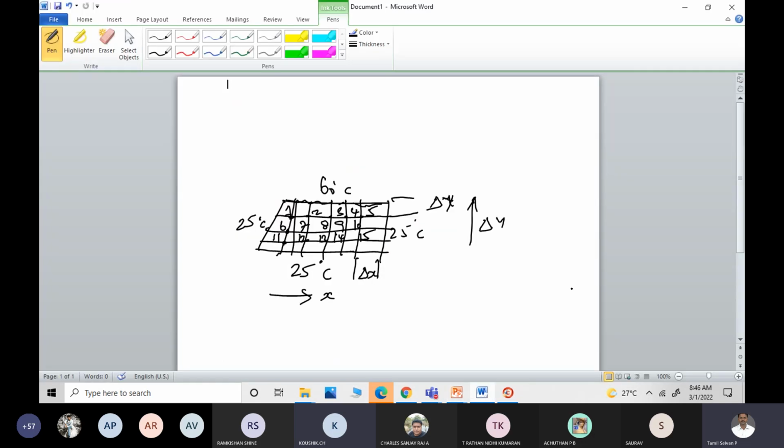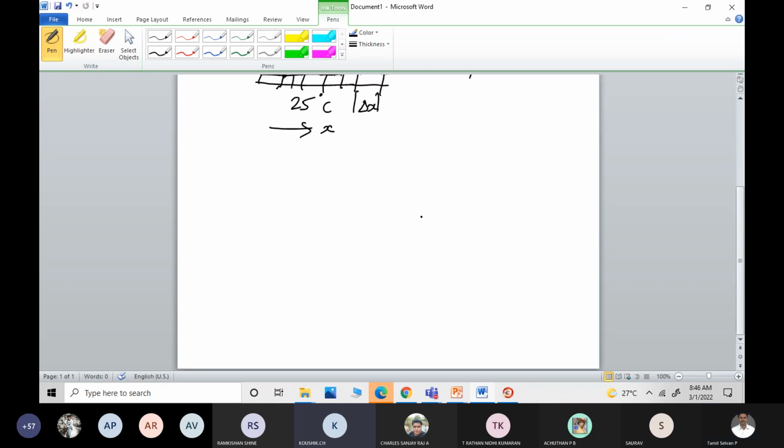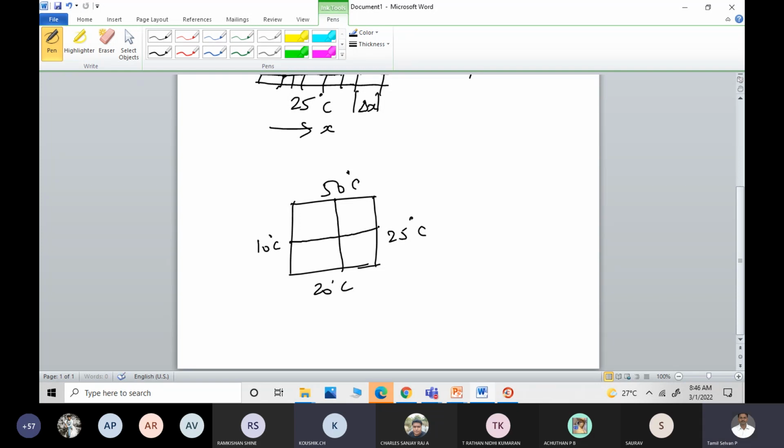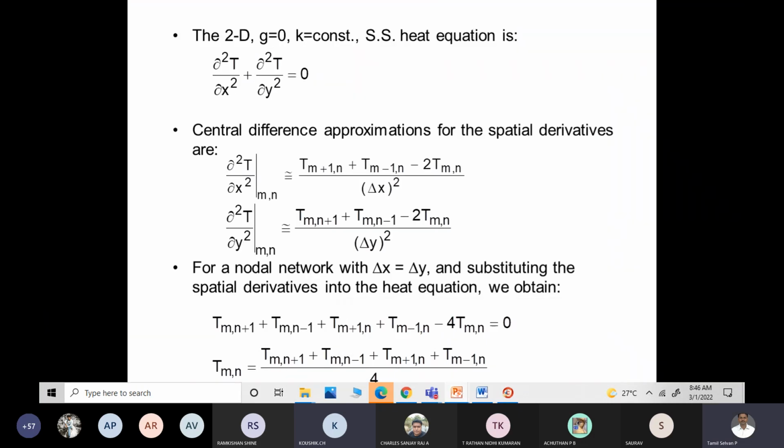Suppose I give you a simple problem like this: 50 degrees, 25 degrees, 20 degrees, 10 degrees. What is the temperature at the center? Then you can use this expression to find it.